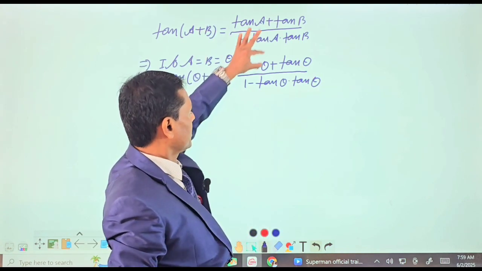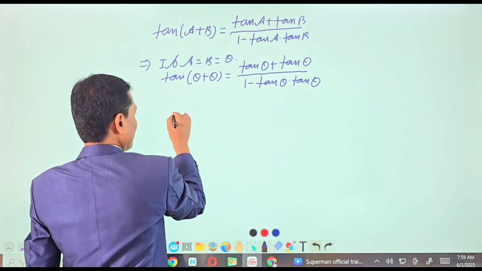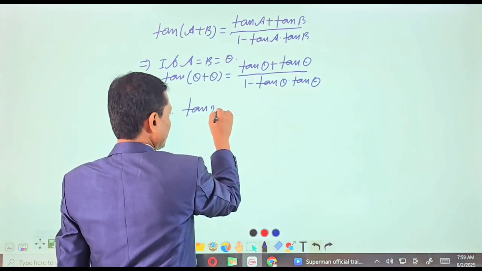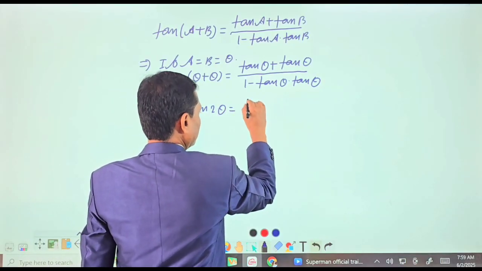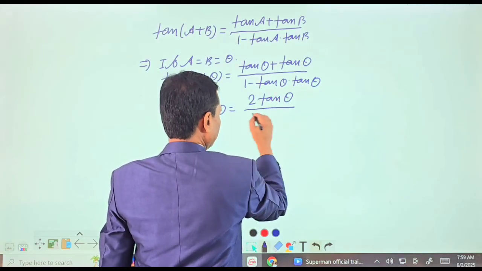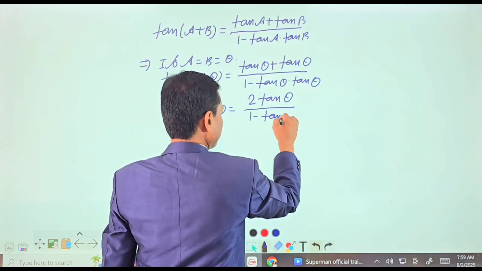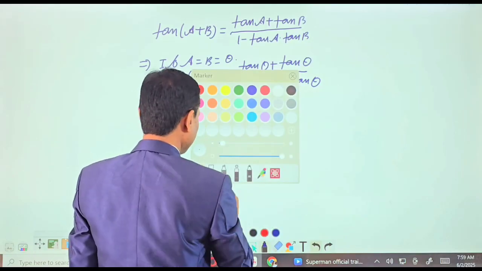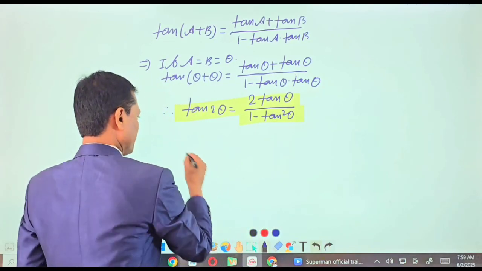Because a becomes theta, b also becomes theta. And likewise we have tan 2 theta equals 2 tan theta over 1 minus tan square theta. So that's the formula of tan 2 theta.